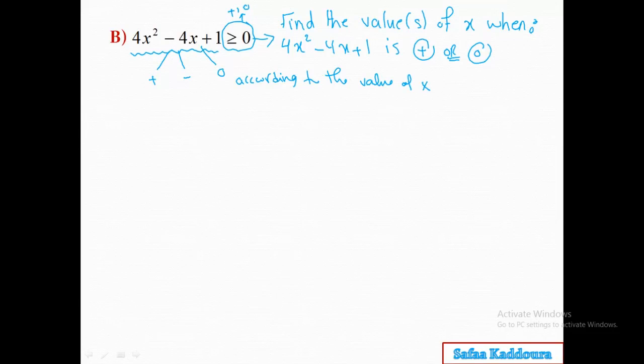I only want the positive and the 0 signs. First of all, I will draw the table of sign to choose the signs I want. So I will follow the following steps. First of all, put 4x squared minus 4x plus 1 equal to 0 to find the roots.